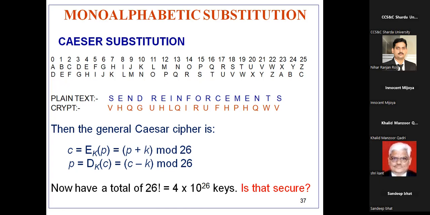But since it was invented by Julius Caesar, that's why the name Caesar cipher. It is a purely substitution cipher.